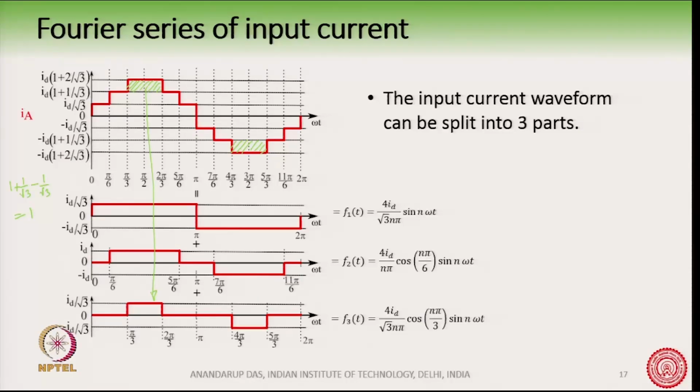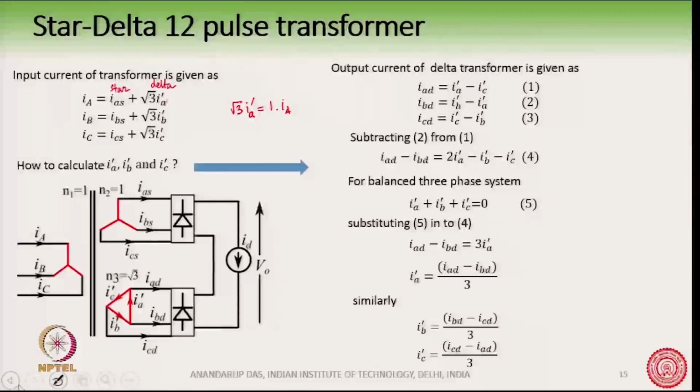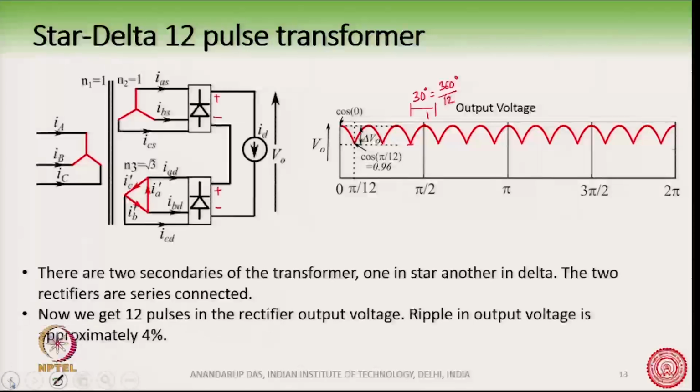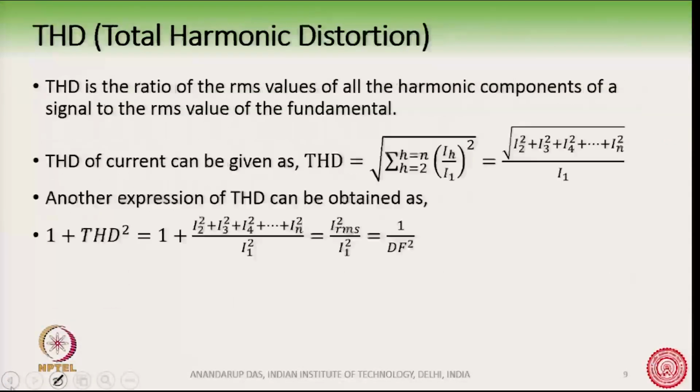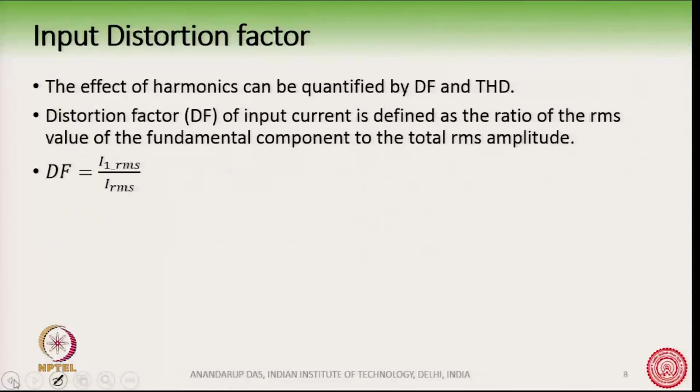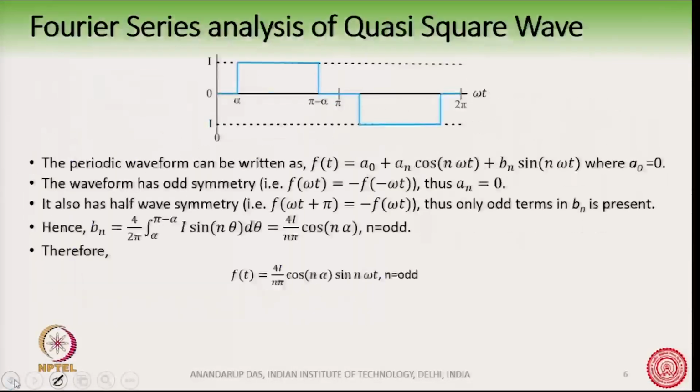What had we derived? Let me go back and check this formula. We had seen that f t is equal to 4 I by n pi cos n alpha sin n omega t.